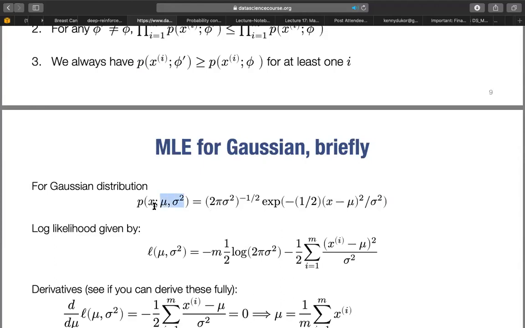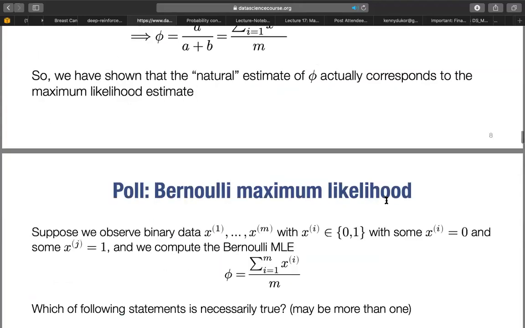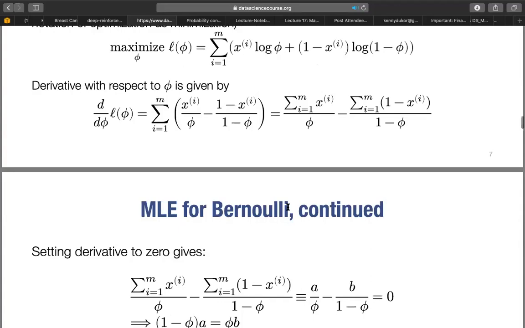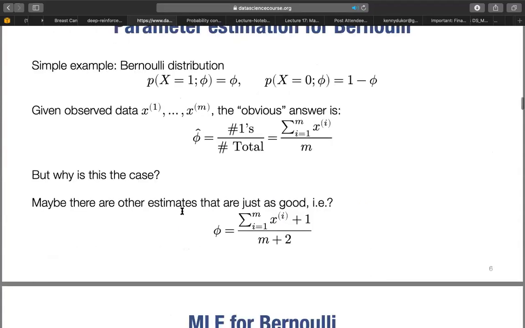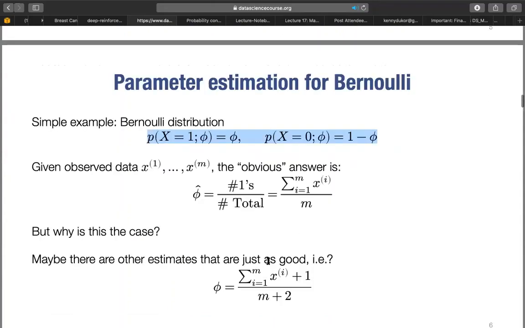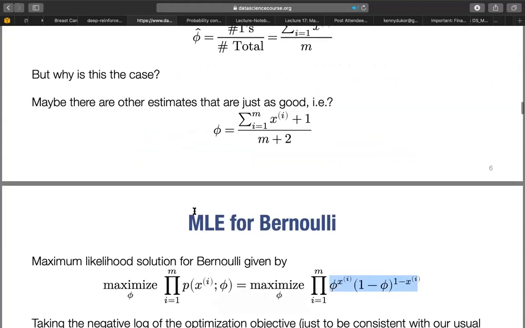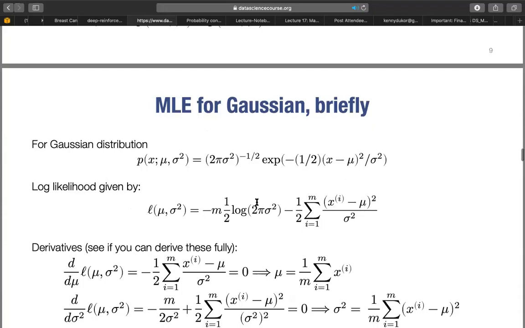So it's trying to say that what you would have for the Gaussian distribution will be something like this, as opposed to what we have for the Bernoulli distribution, which is this whole equation we have here, right? And okay, sorry, in its simpler form, for the Gaussian distribution, if you take the log likelihood, this is what you would have.